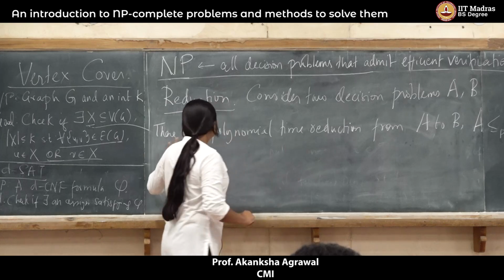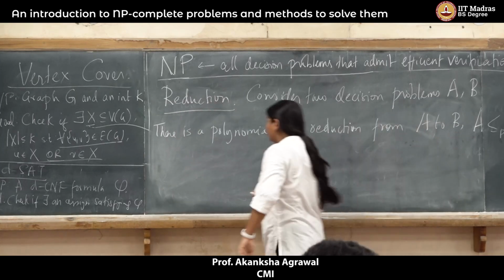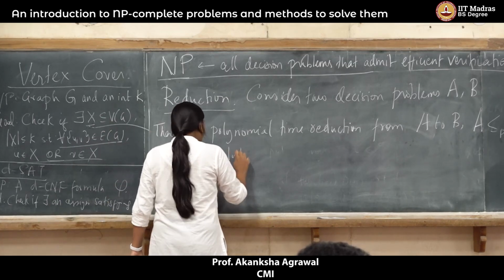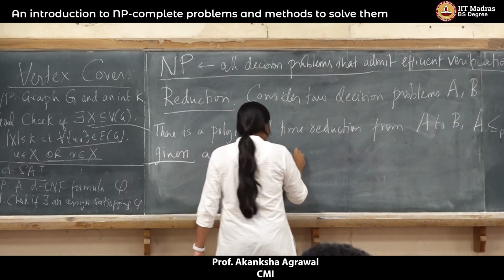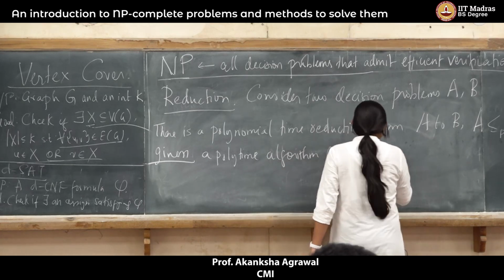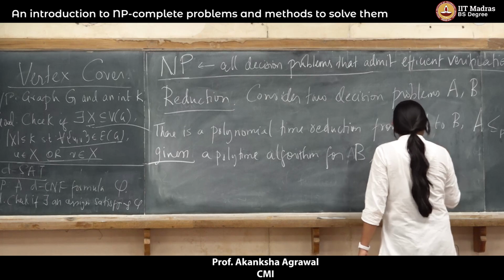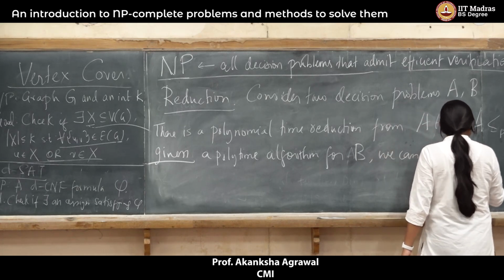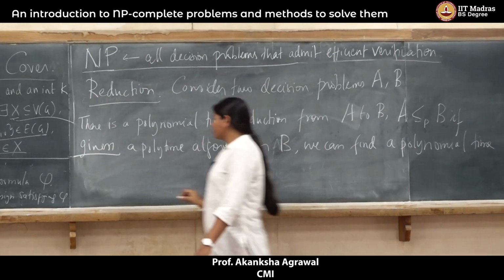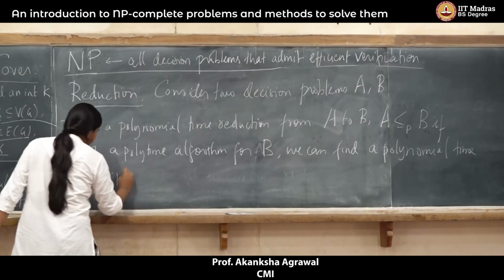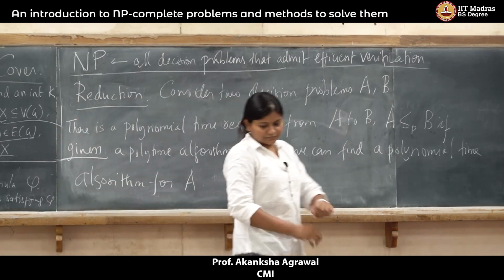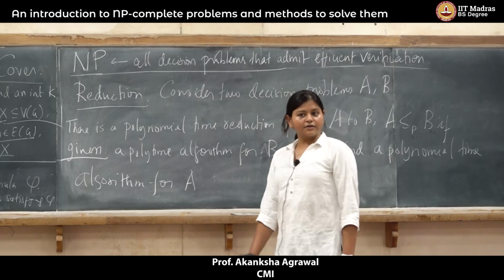So we say that there is a polynomial time reduction from A to B if, given a polynomial time algorithm for B, we can find a polynomial time algorithm for the problem A. So this is what a reduction is.